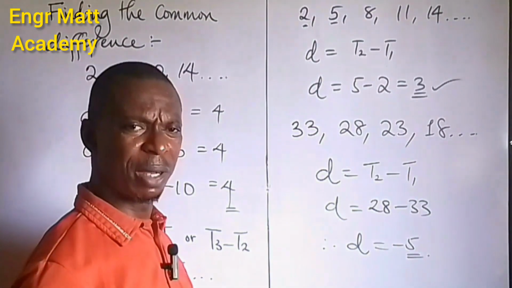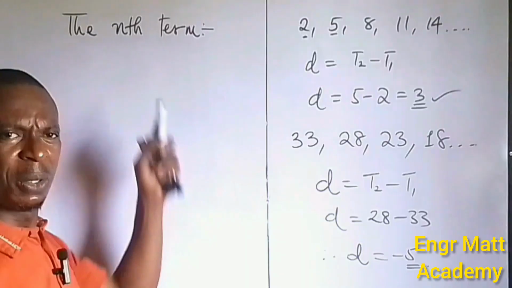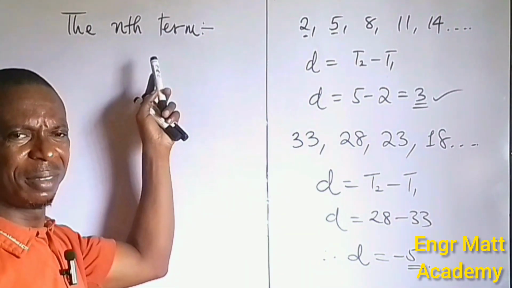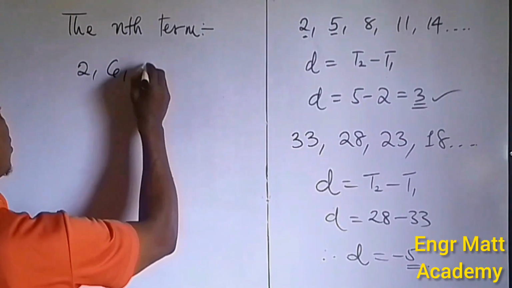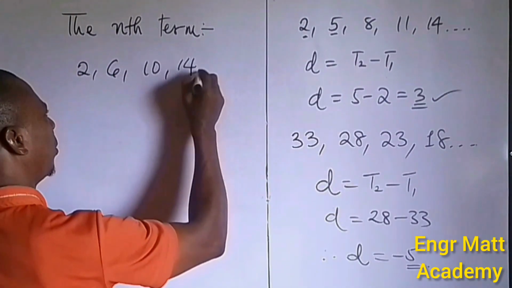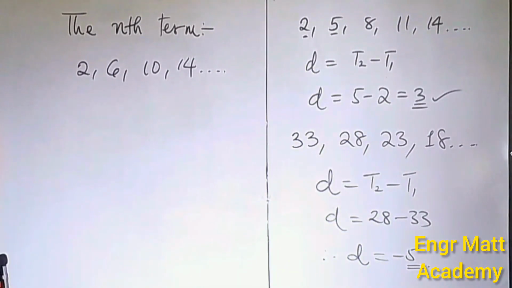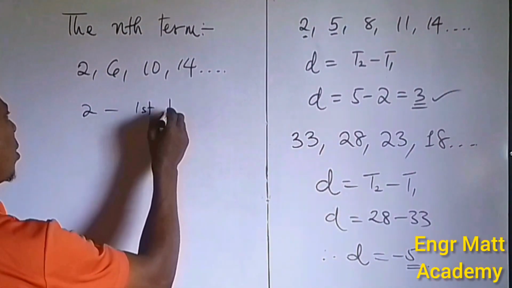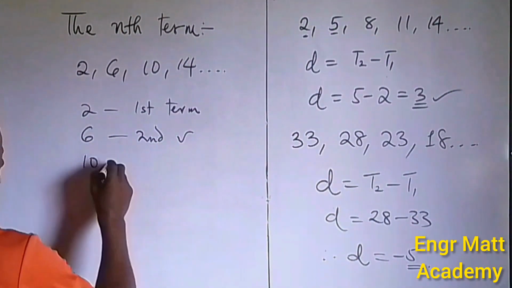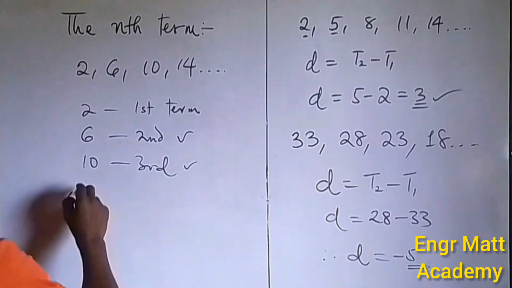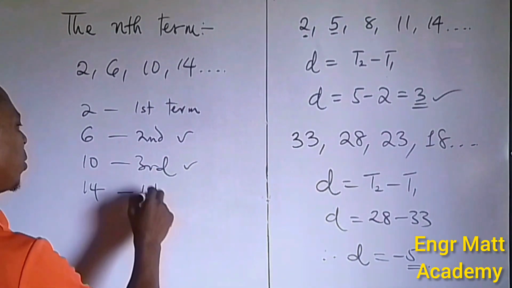Now, let's talk about the nth term. What does the nth term mean? Let's consider another sequence: 2, 6, 10, and 14. In this sequence, 2 is the first term, 6 is the second term, 10 is the third term, 14 is the fourth term.